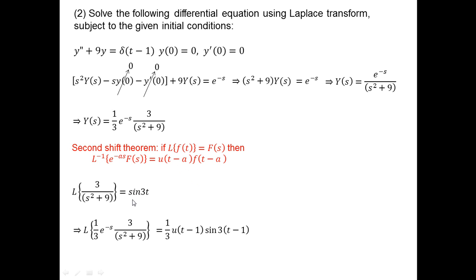Here again, if my f(t) is sine 3t, f(t minus a) or f(t minus 1) will be sine 3(t minus 1). So these are the important points to keep in mind. Actually, the purpose of this problem is to help students understand the use of the second shift theorem and applying it on a given function.